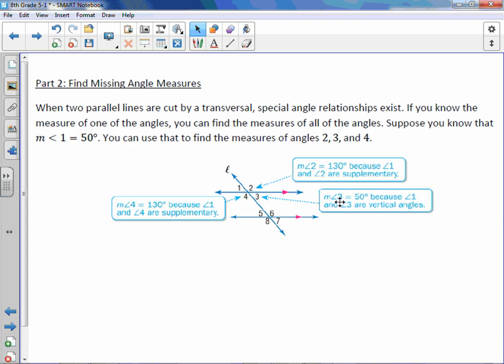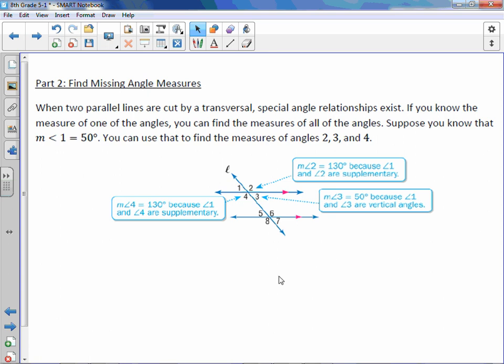Now, angle 3 is 50 degrees because angle 1 is 50 degrees, and they are vertical angles. They are across from each other, which means they are also congruent. And the same, a couple reasons for angle 4. It's also supplementary to 1, or again, it's vertical to 2.